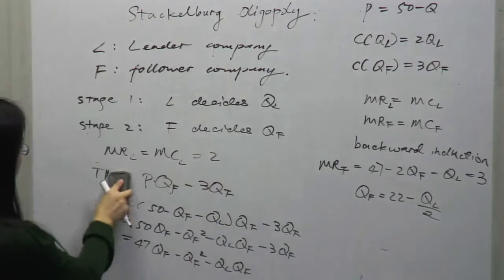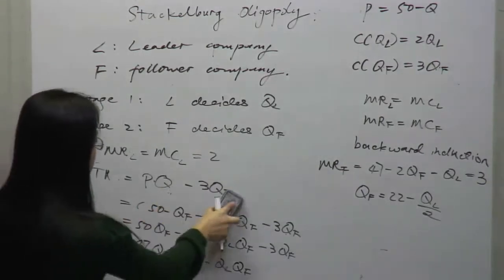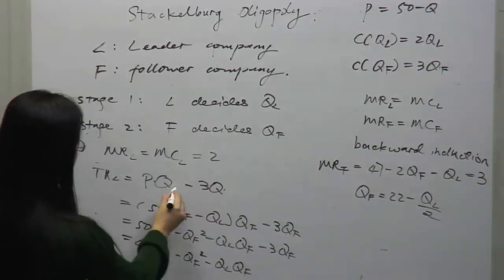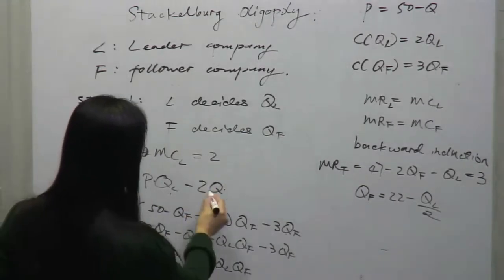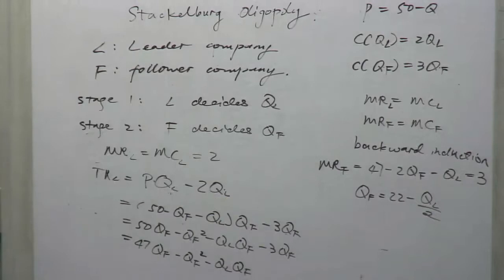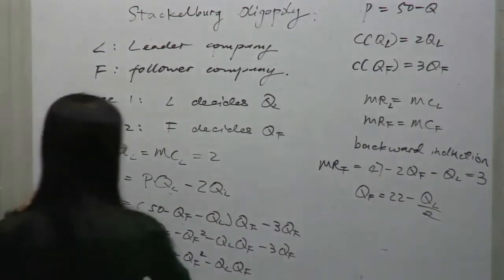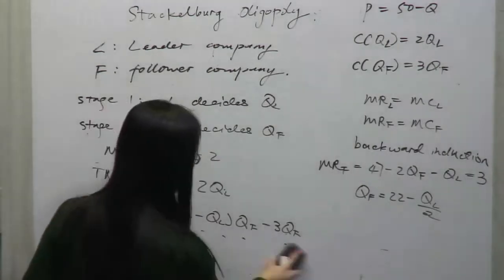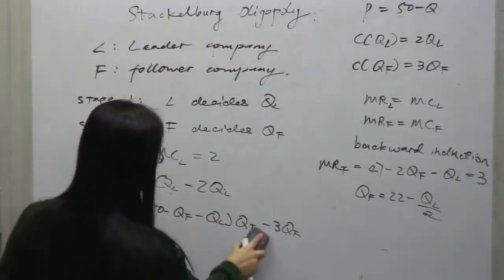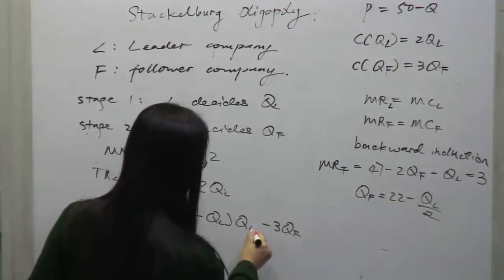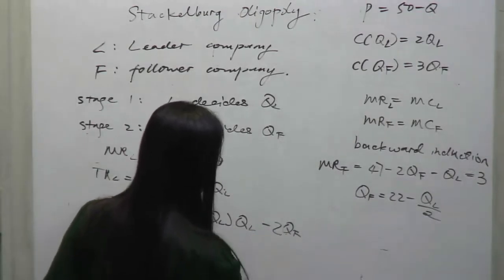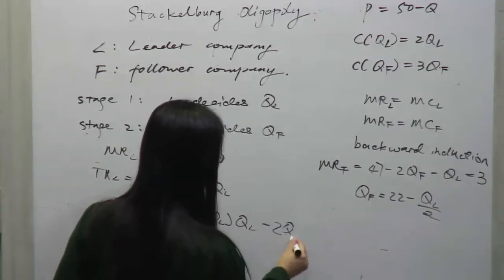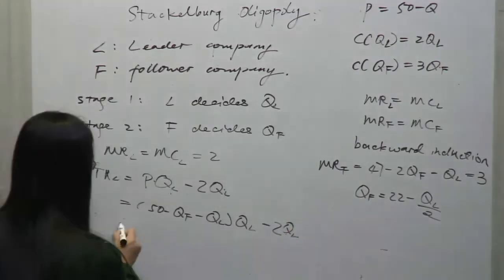Okay, so now we have to have the leader's total revenue, and here will be QL. What we're going to change here is, here will be L, and here will be 2QL.